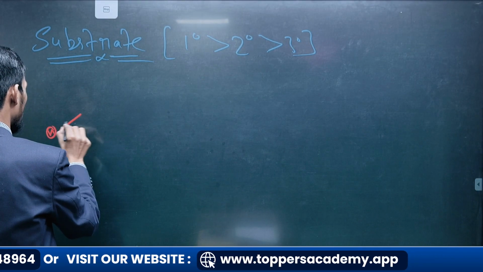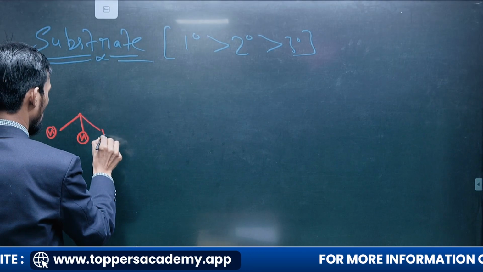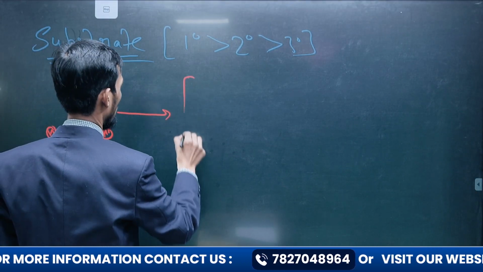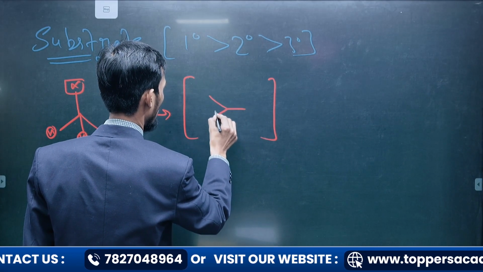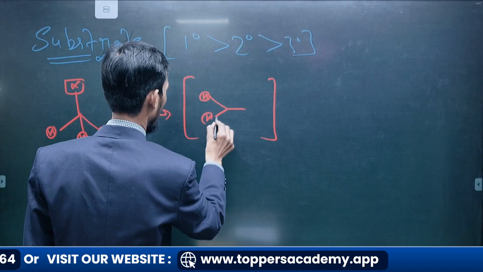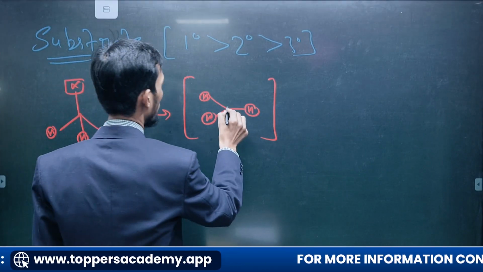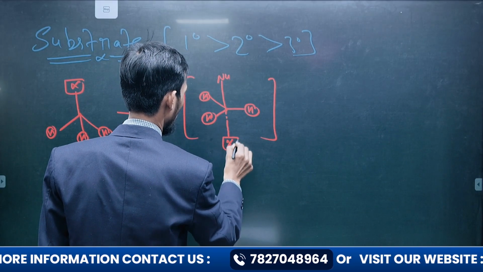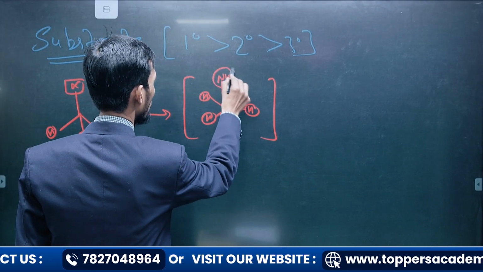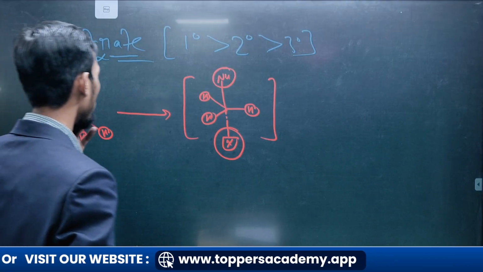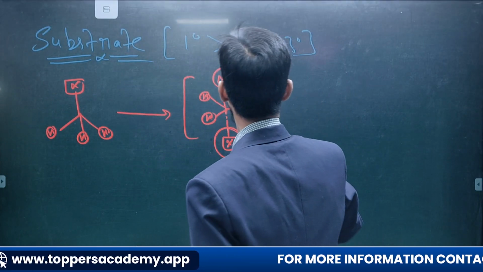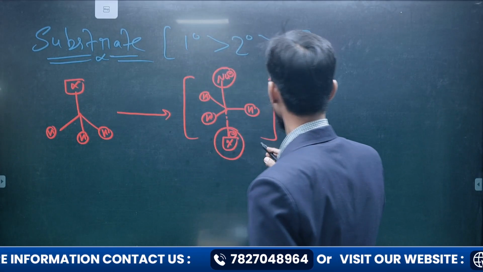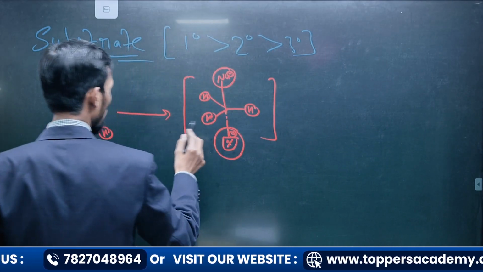If these are small moieties, we can see over here that this has a small group, which means smaller groups are there.